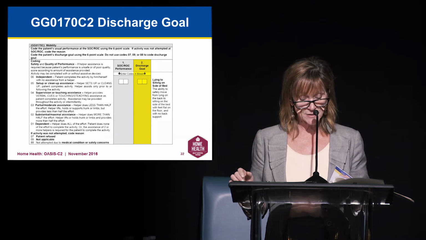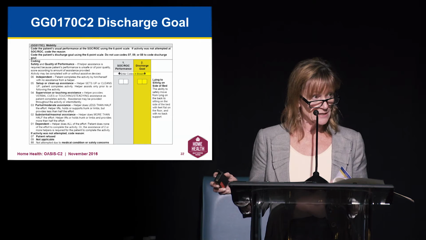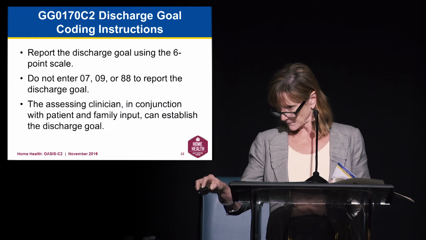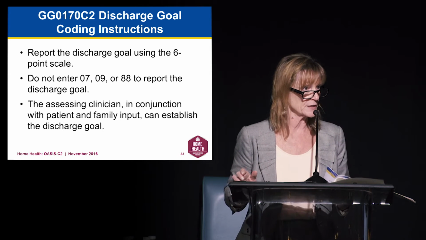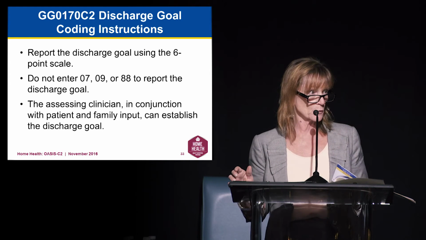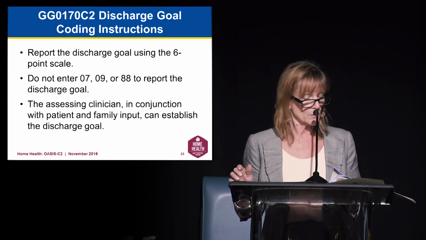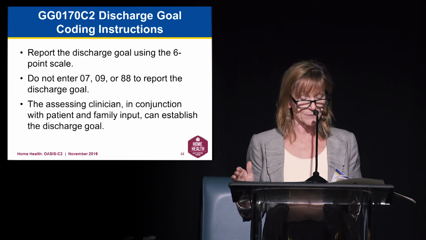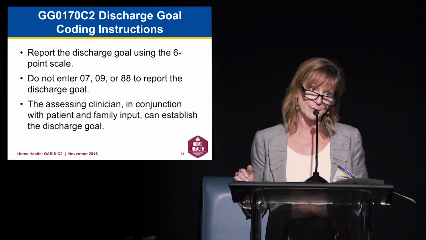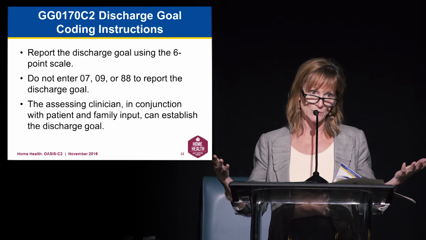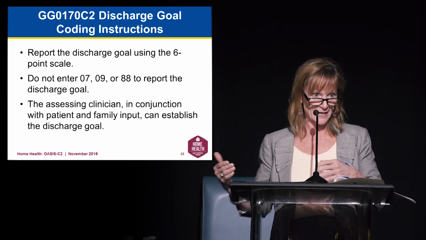We'll only be using the 0 to 6 scores. So the 6-point scale is really the only scoring that would be appropriate for the discharge goal. We would not be entering 07 or 09 or 88. The patient's not going to be refusing because we're not asking them to perform the discharge activity.